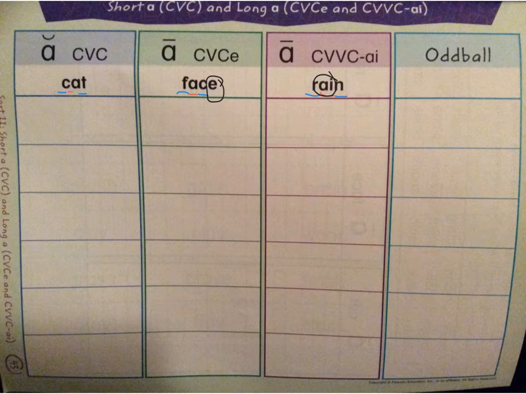Okay, so let's look at some of our words and see if we can determine where we think that they will belong. So the first word that we have is brain. Brain is spelled B-R-A-I-N. So when I look at brain, I see that it has the A-I in it.